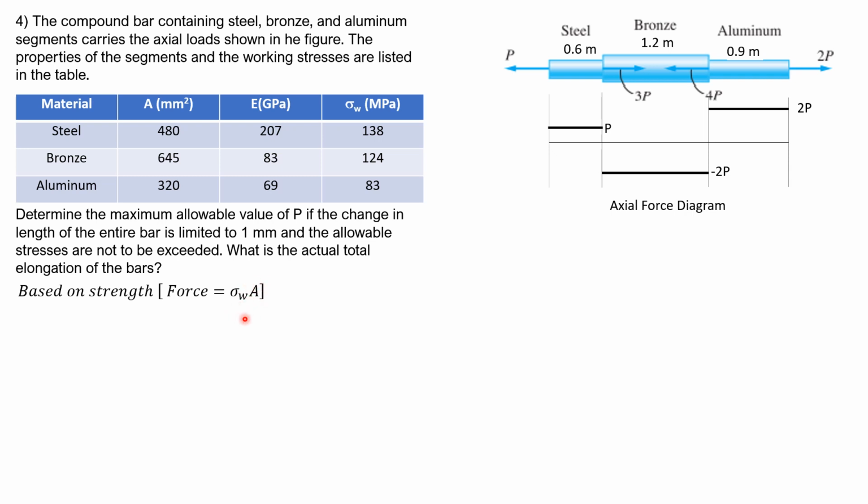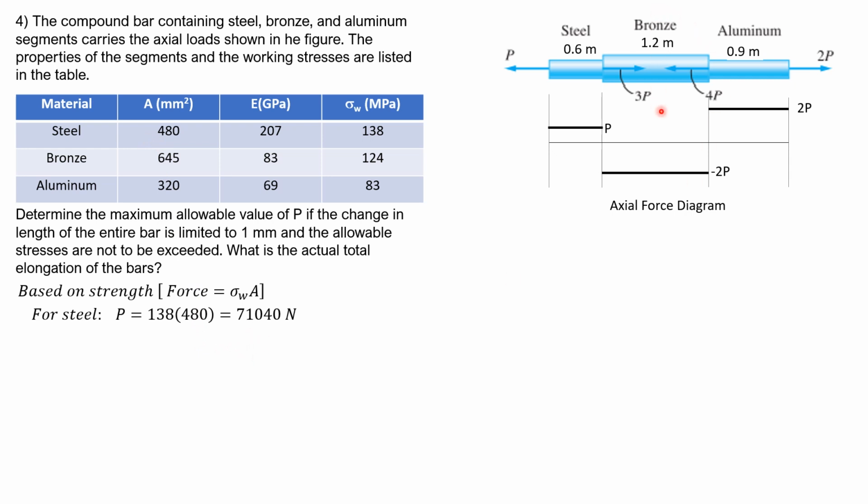If we begin with steel, the force in steel is just P. It is equal to the allowable stress, tensile or compressive in this case, 138, then the area is 480. It will give us 71,040 newtons.